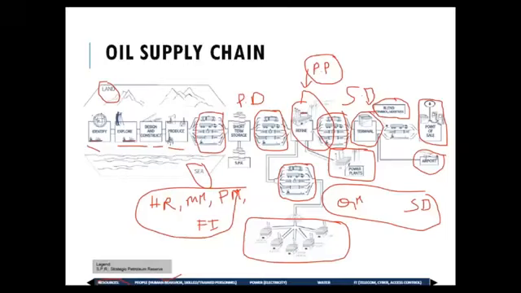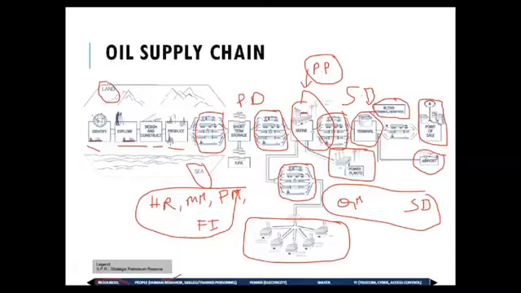SAP IS means it is industry specific. SAP industry specific for oil and gas. SAP industry specific for pharma. SAP industry specific for retail. SAP industry specific for utilities. Now it's clear why it is called IS. That's the reason why they use that word IS.